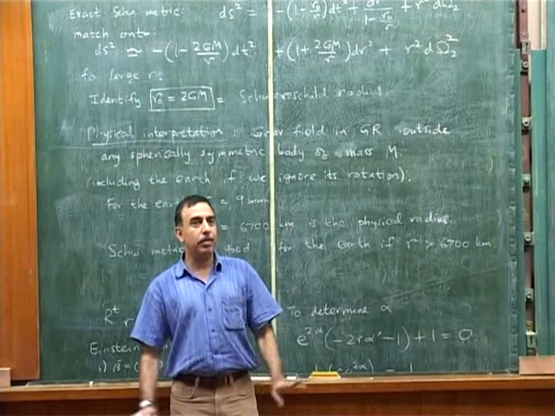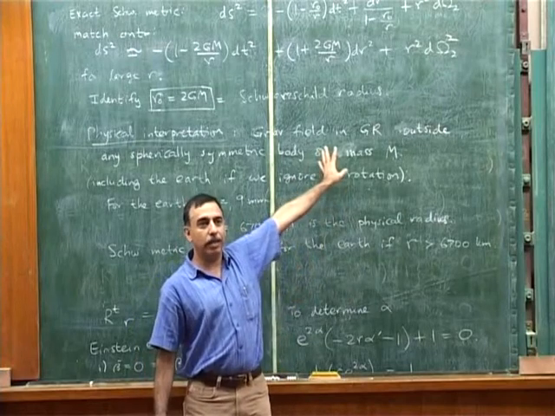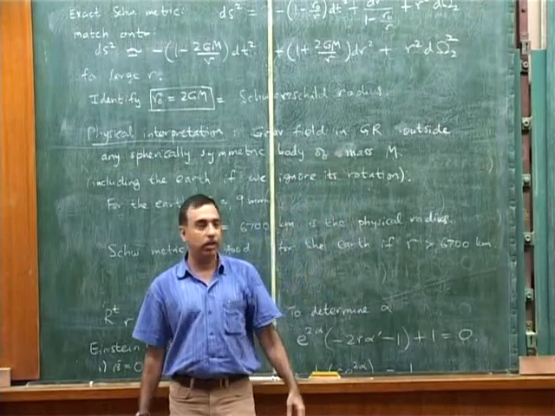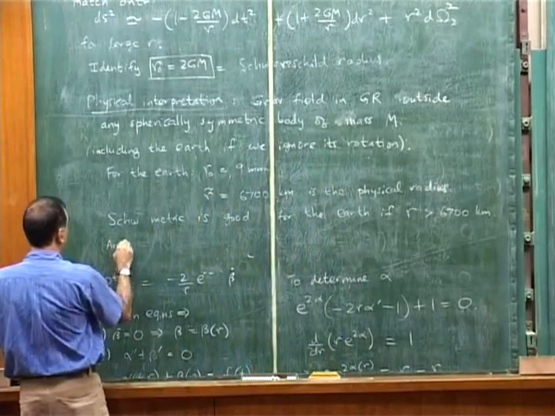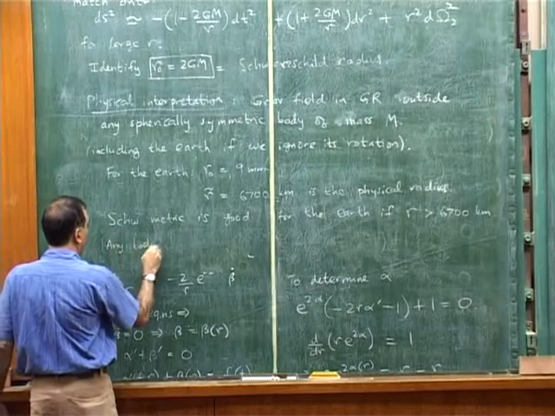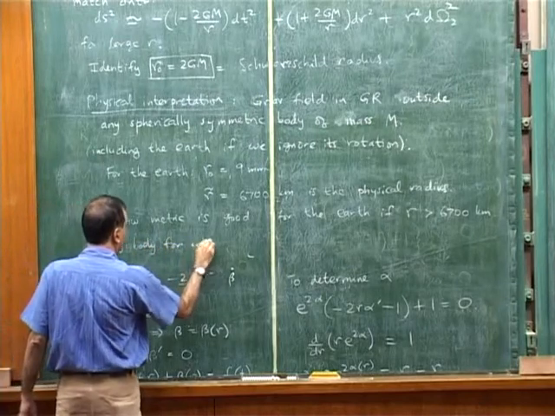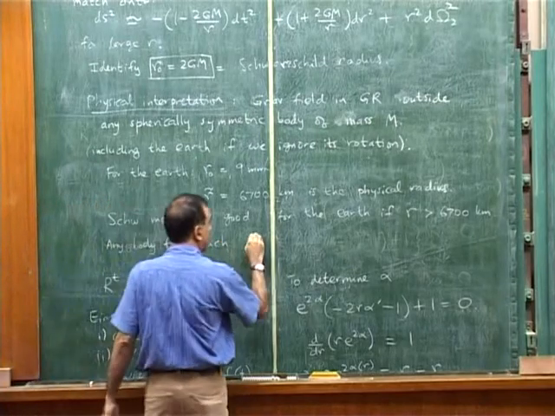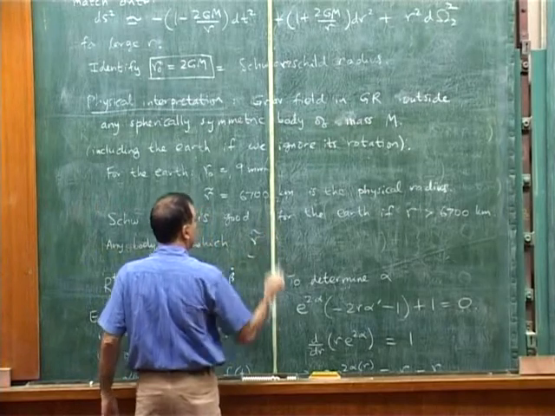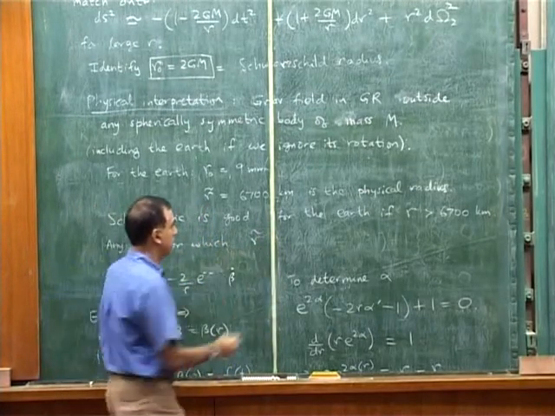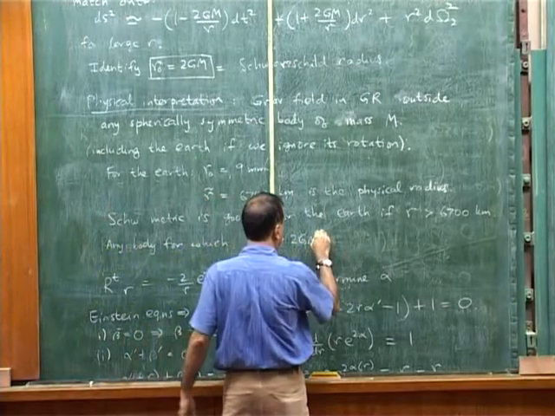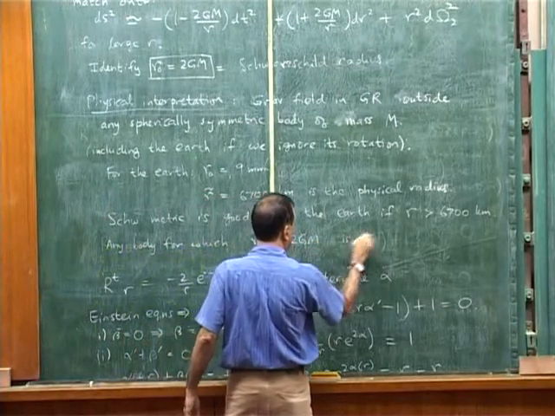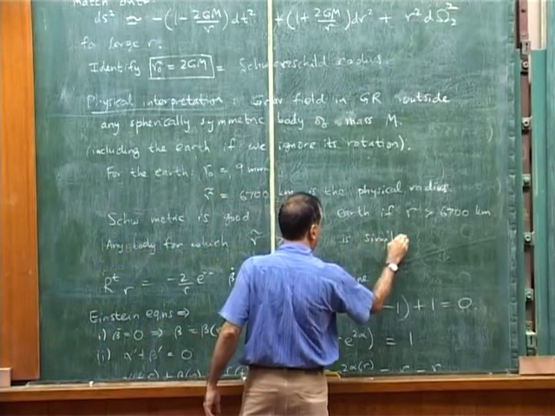So there is nothing mysterious about this space-time metric as long as we use it to describe the Earth or indeed any body for which the physical radius, which is the radius up to which there is a non-zero matter density, is greater than 2GM.